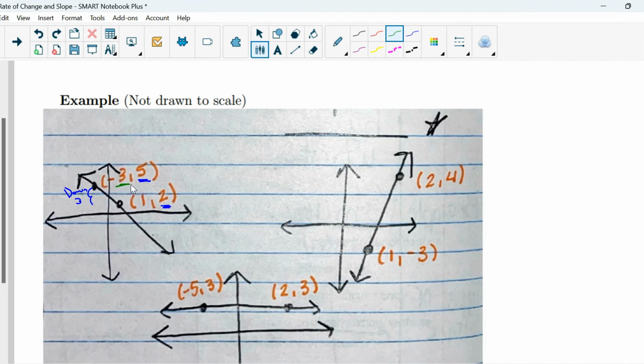And then looking at our horizontal change, which is the change in our x values, from -3 to 4, if you were to count, -3, -2, -1, 0, 1, you can tell that we are just moving right 3. Or sorry, right 4. My bad.